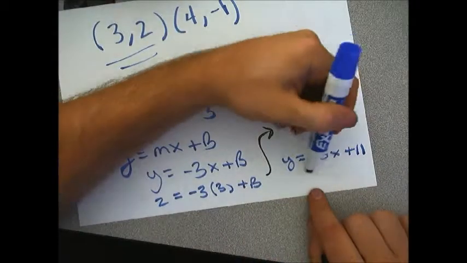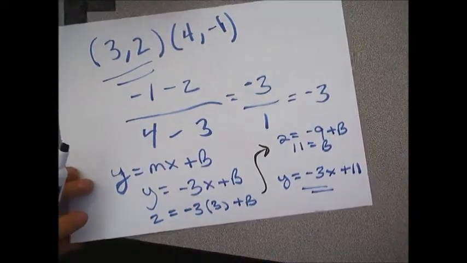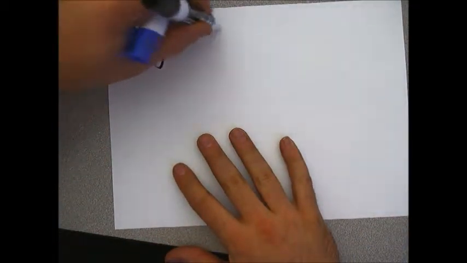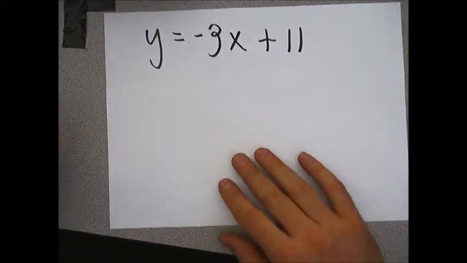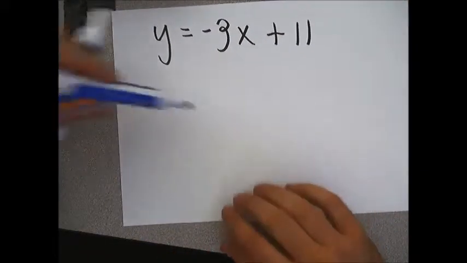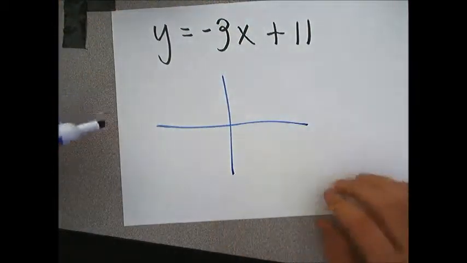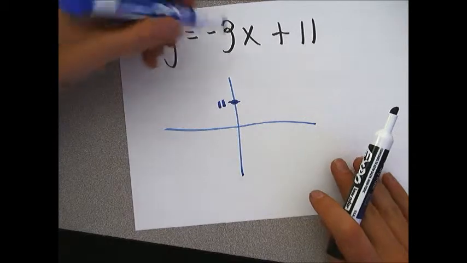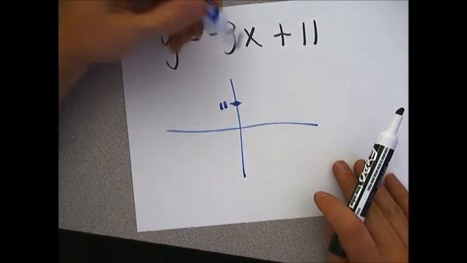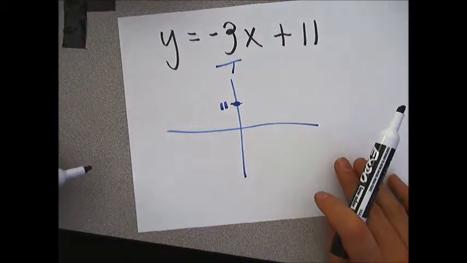So if you wanted to graph y is equal to negative 3x plus 11, let's rewrite that. y is equal to negative 3x plus 11. If we wanted to graph that, make a graph. Okay, and I know I want to start at 11 and make a dot. And my slope is negative 3, which we can think of as negative 3 over 1.